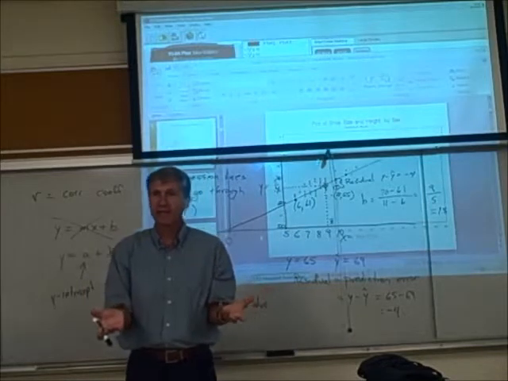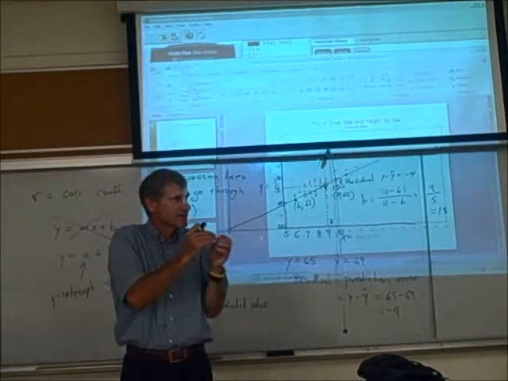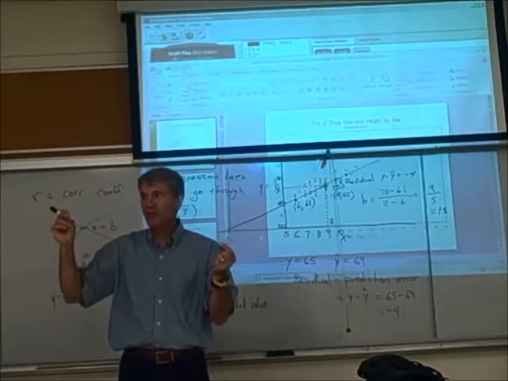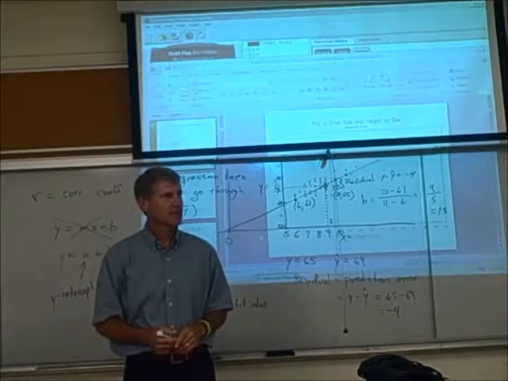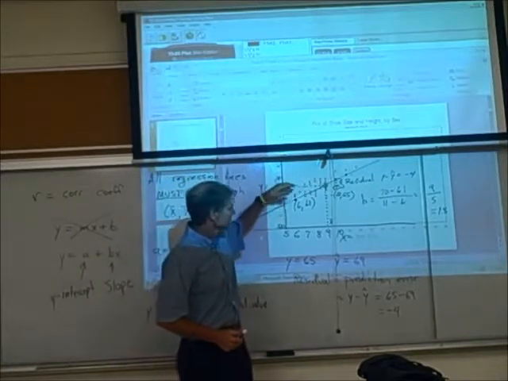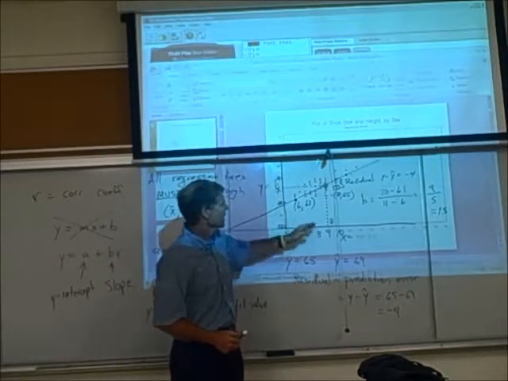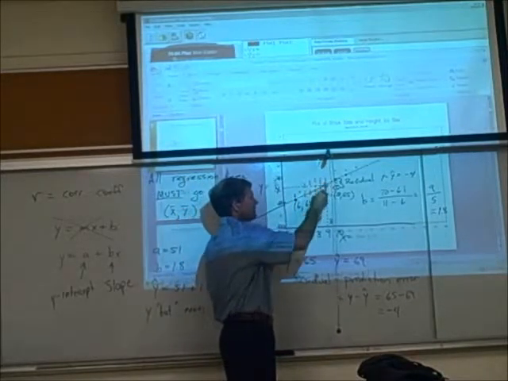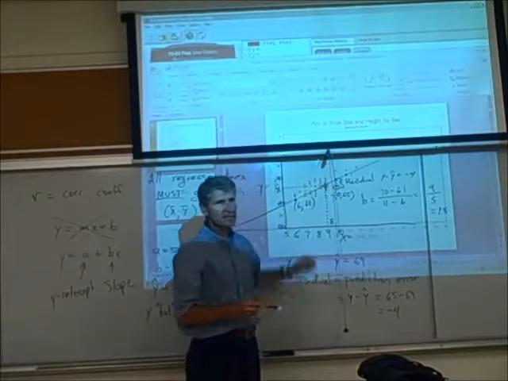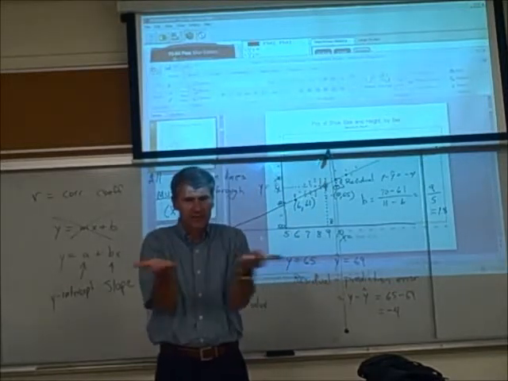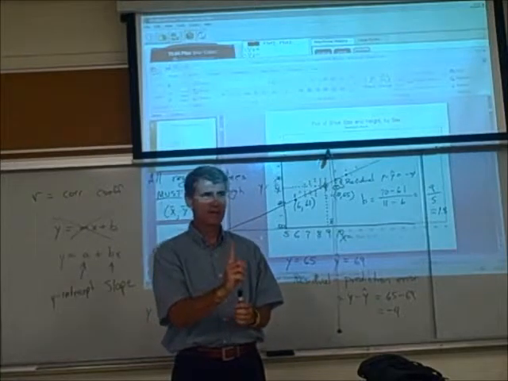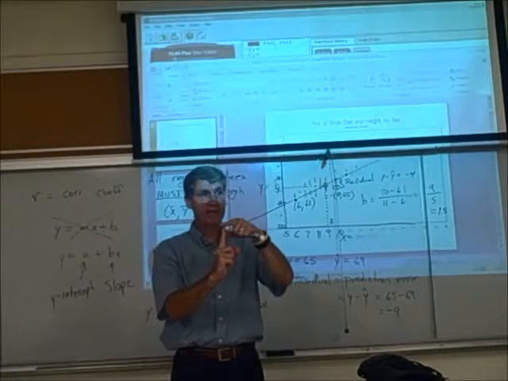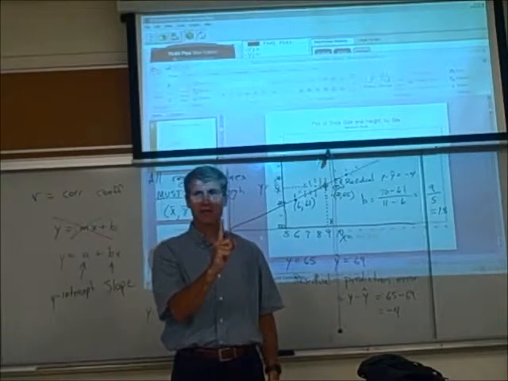And it makes intuitive sense. You say, well, I want to split the difference. I want as many above and as many below the line. Well, you need to go through the middle then. And the middle is the centroid. And it's a balance point in that if I cut this thing out on a piece of cardboard and put a weight at each of the dots, and then I laid it flat and I put a pencil underneath it to make it balance, that pencil would have to be at x bar, y bar in order to make that thing balance.